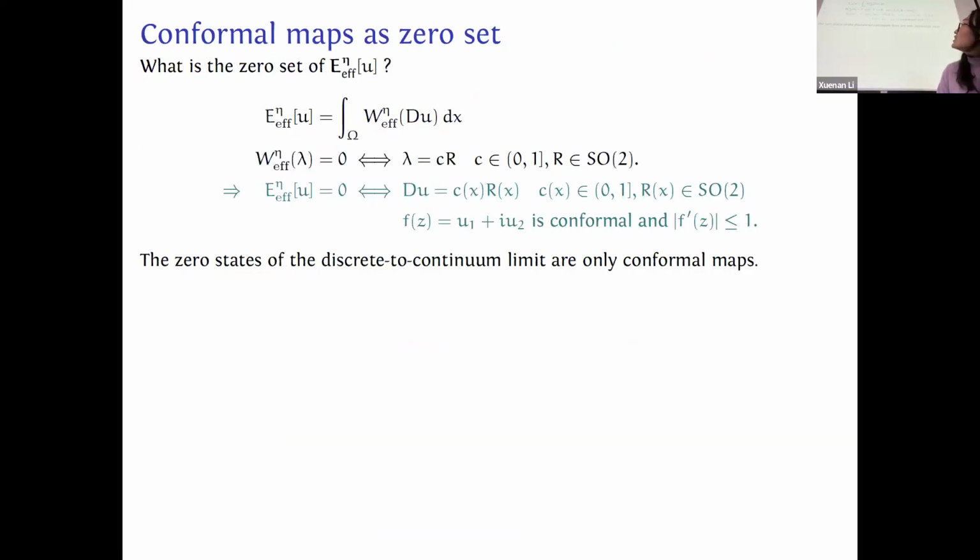So with that, if you want the effective energy to vanish, the gradient must be equal to a constant times rotation locally, but it can depend on the location where you're at. It might not be the same constant times rotation all the way. So this one is actually a Cauchy-Riemann equation.